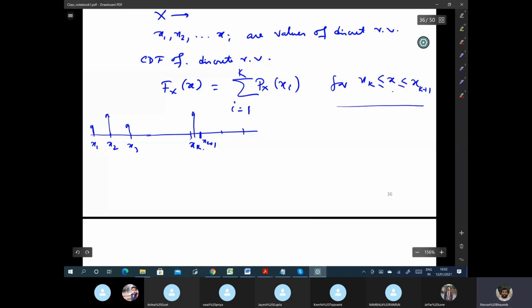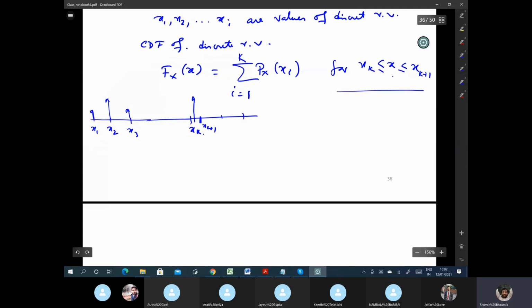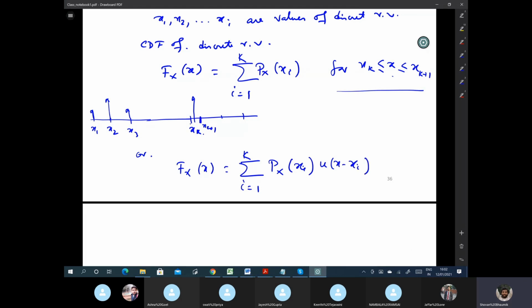Now this condition we could remove by using the step function. Alternatively we could write Fx of small x equals summation i equals 1 to k, Px of xi times u of x minus xi, and this condition need not be written. How is it possible? x minus xi means when xi is x1, below that it will automatically be 0, masking. If it is x3, x minus x3, that means if x is below x3, that is x1, x2, it is automatically 0, and we take x3.